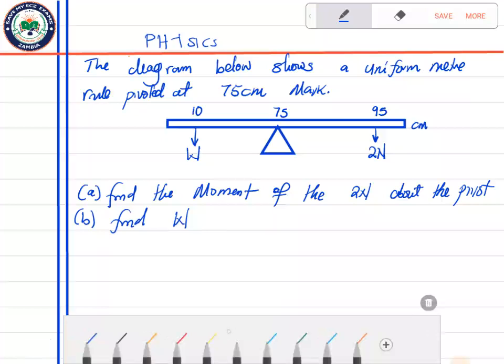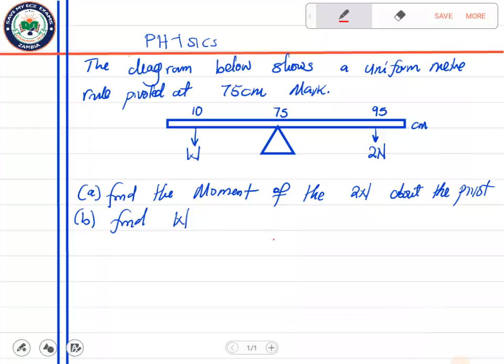So without wasting much of the time, how do we find moment? How do we define moment? So moment is the product of the force and the perpendicular distance from the point of application, which is called the pivot.